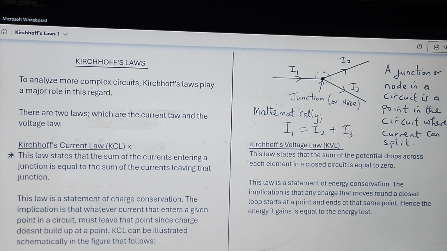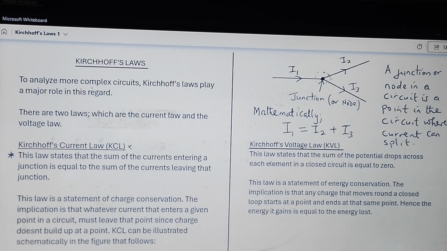The implication is that any charge that moves around a closed loop will start from a particular point and also end at that same point. So whatever energy it gains will be equivalent to whatever energy it will lose. So these are Kirchhoff's laws, the current law and the voltage law.